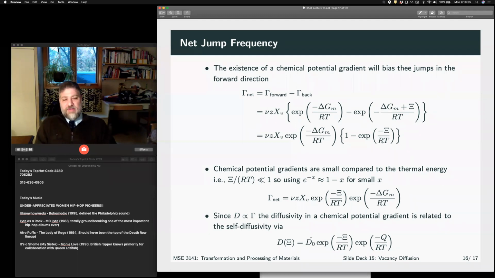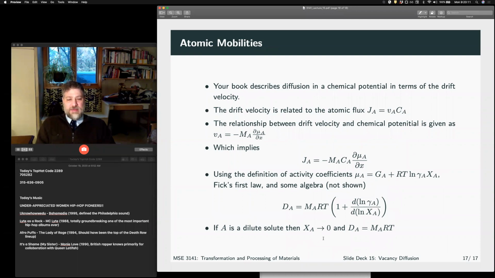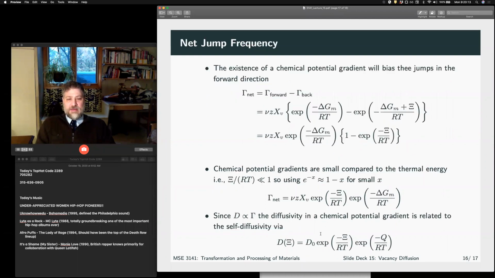We still have our diffusion length being the square root of Dt. Everything that we talked about before holds. It's just that we have this extra term in our diffusivity, right? That's the important concept I wanted to get across. And this is explained very poorly in your reading, so I apologize about that.